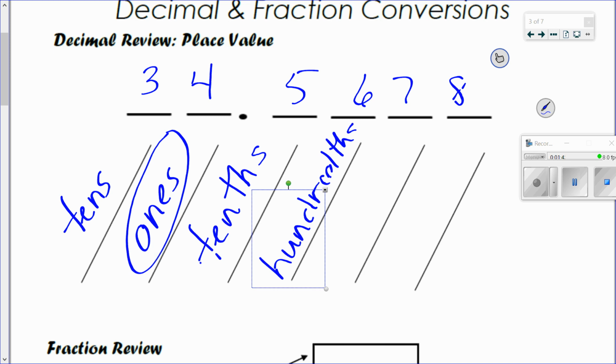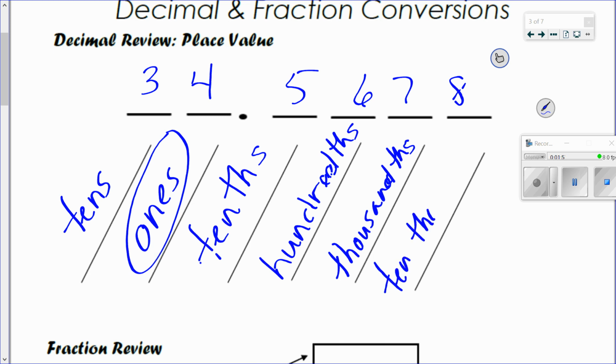The next one past is thousandths. And then the next one would be ten-thousandths. So as long as you understand that it all flips around the ones, putting together place values should be very easy for you. It's really important that you be able to say these correctly.